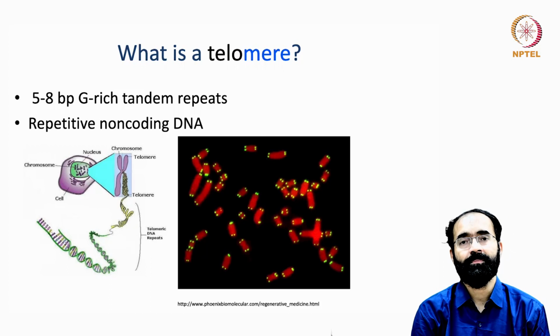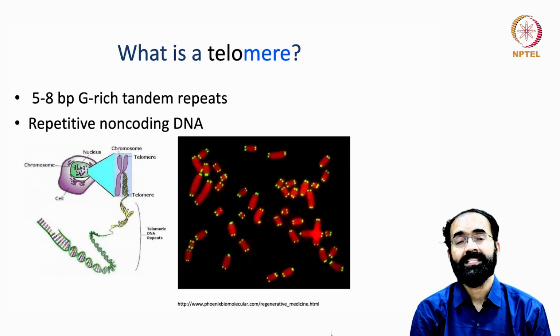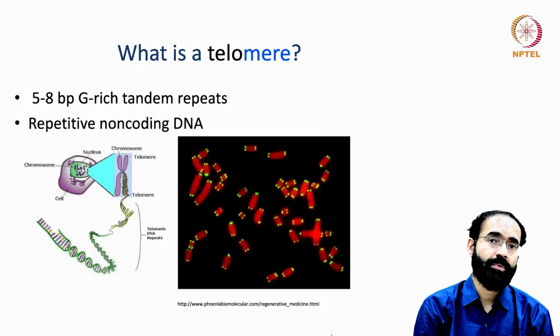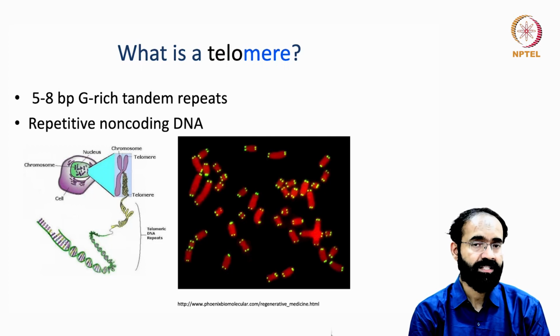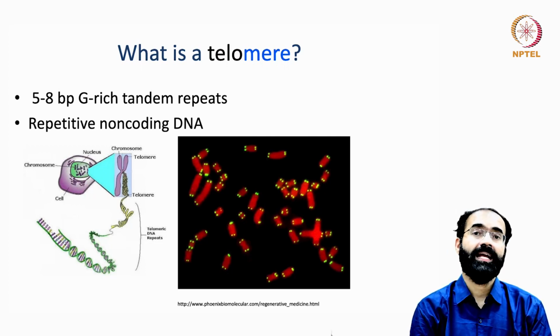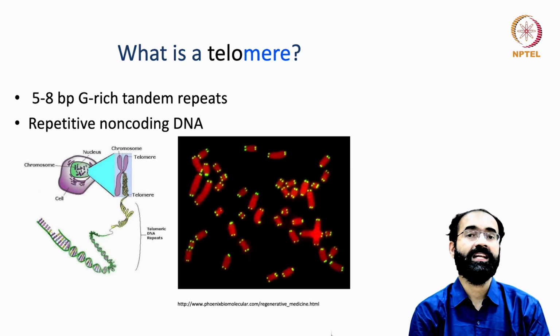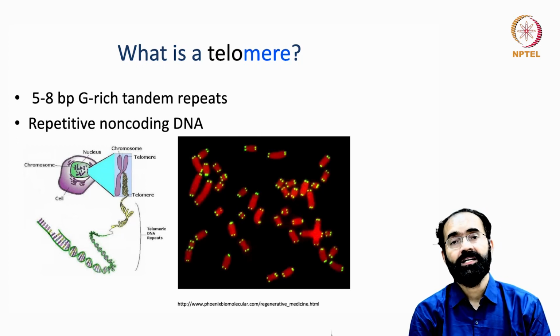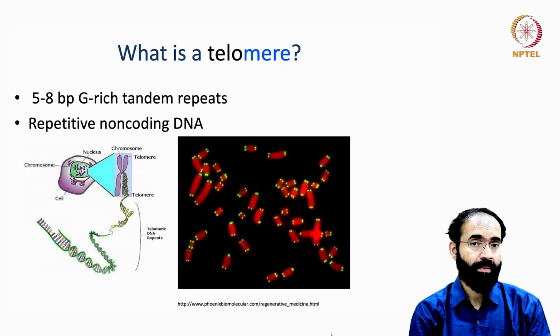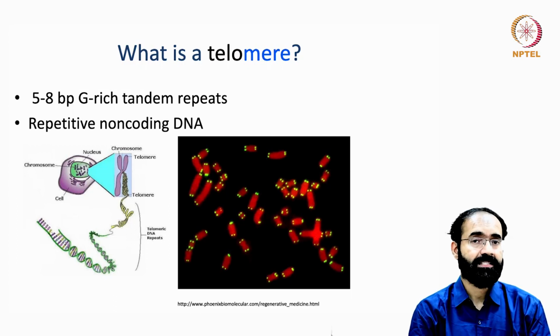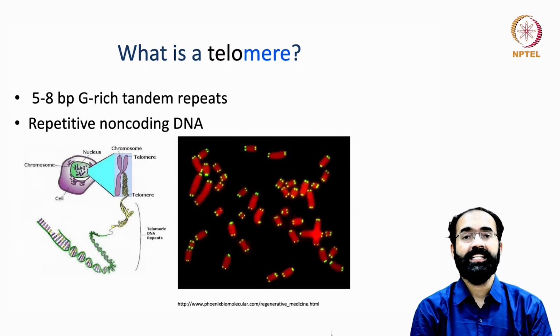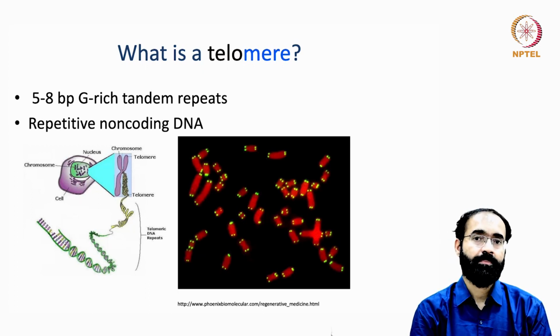End replication problem means the fragment towards the tip of the chromosome will end up a little stunted in one of these strands, because there will be no place for the RNA primer to bind, since DNA synthesis takes place through initiation by an RNA primer.